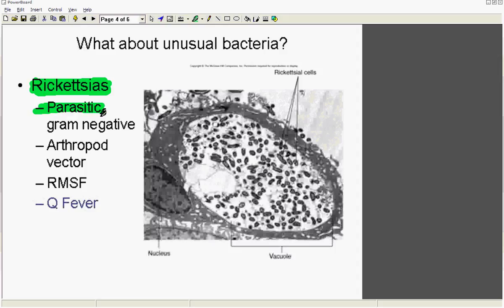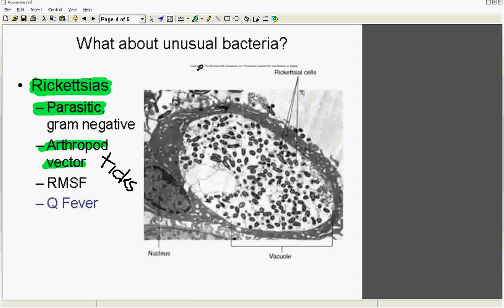In fact, they do not have the ability to survive outside of a host cell. They tend to be gram-negative, and they are spread by an arthropod vector, which is a fancy way of saying that an insect, in this case ticks, like wood ticks, spread rickettsia when they bite an organism.